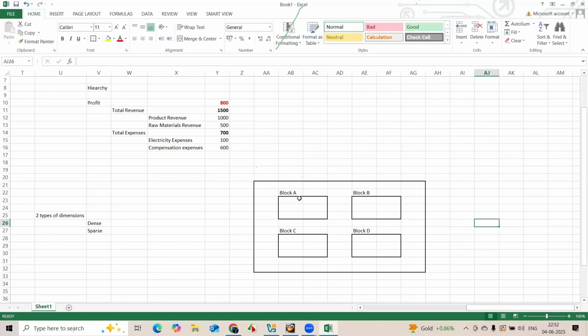In this block A, you can have up to 6. So in this total area I can have 4 blocks, and in each block I can have up to 6 apartments. This will be the actual architecture of the cube.